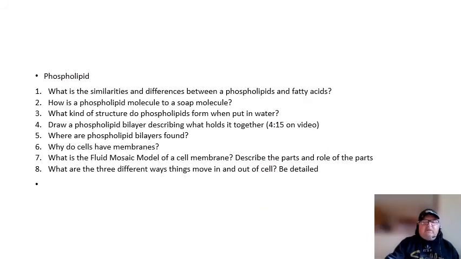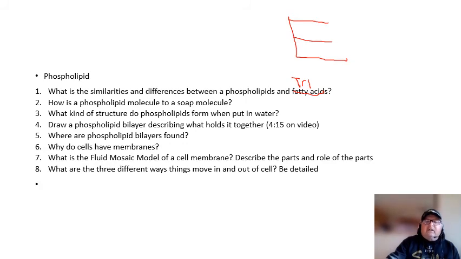Okay, the next molecule that you can make out of fatty acids is a phospholipid. What are the similarities and differences between a phospholipid and a fatty acid? So actually, maybe we should say triglyceride here instead. A triglyceride has a glycerol and 3 fatty acids.